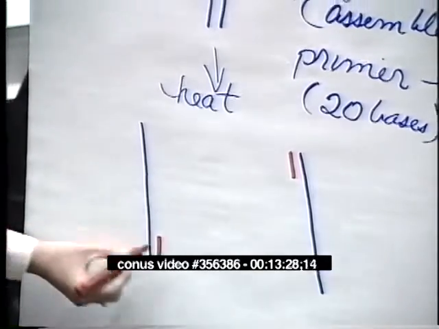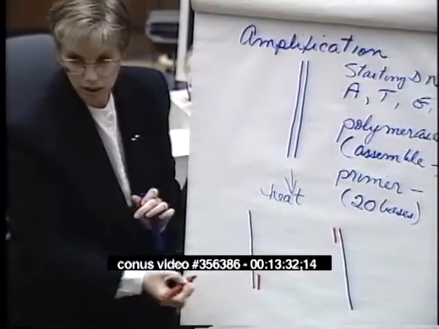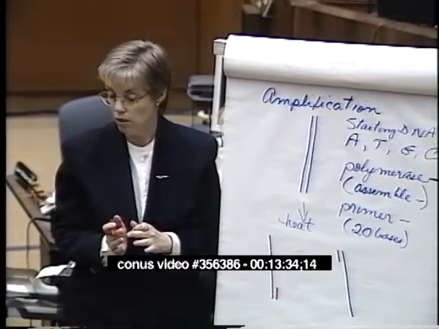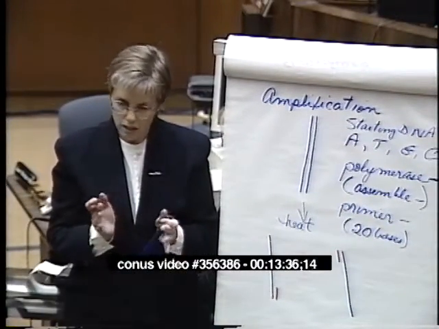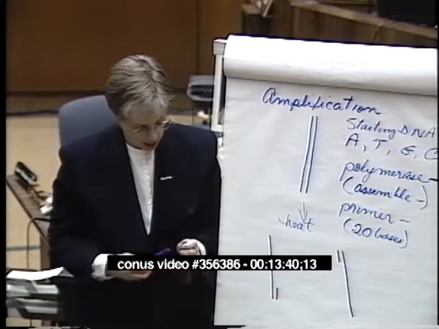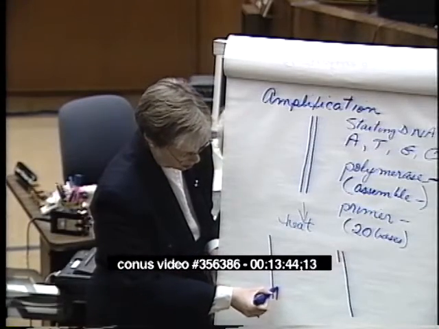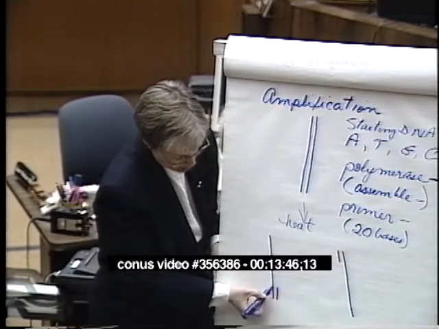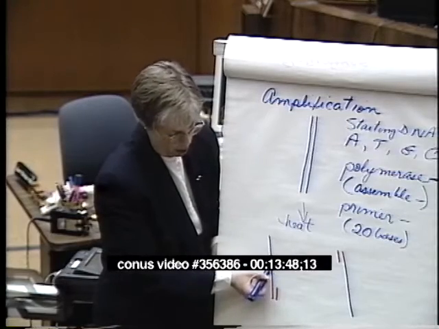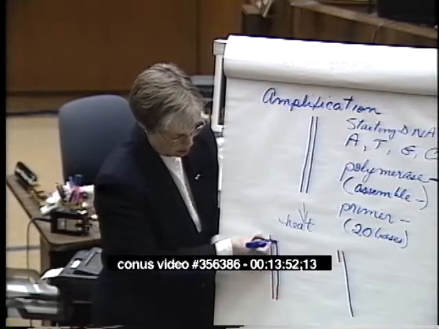So you have a single-stranded piece in the primer binding to this now single-stranded starting material, and all the A's and T's and G's and C's are pairing up. And then the polymerase will come along and, directed by the bases on your starting material, will reassemble a second strand.